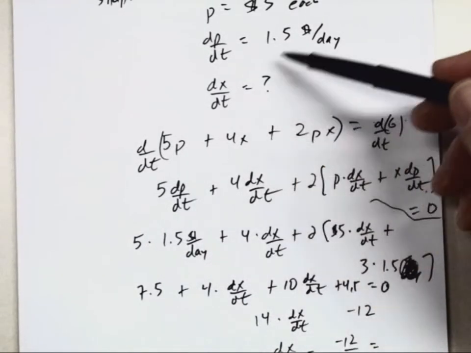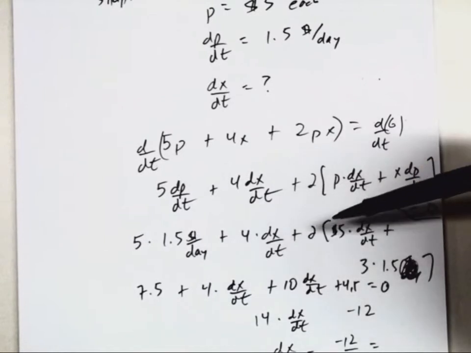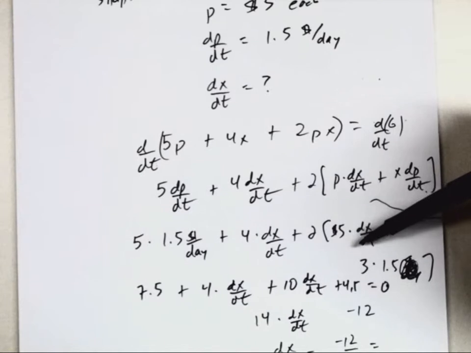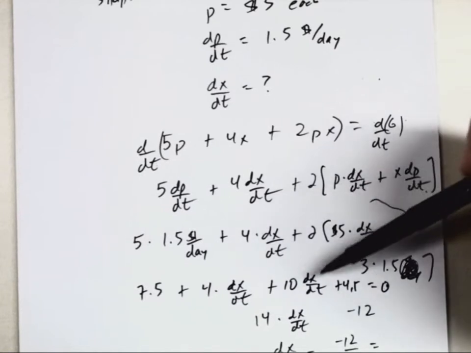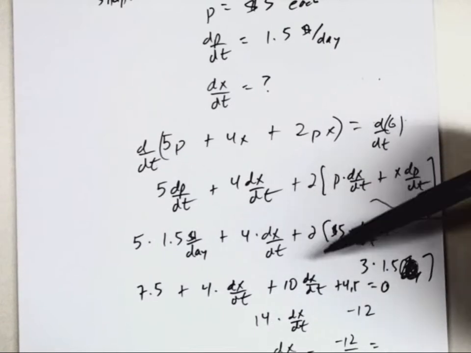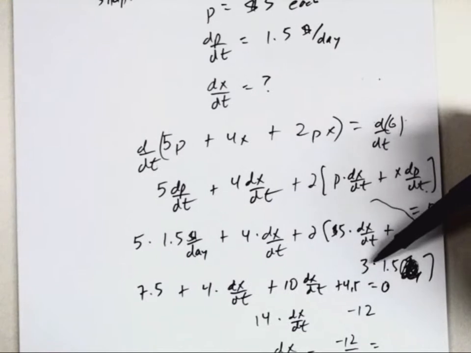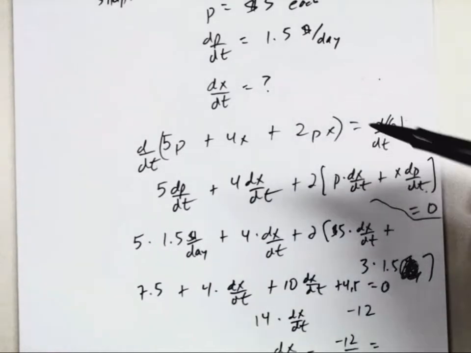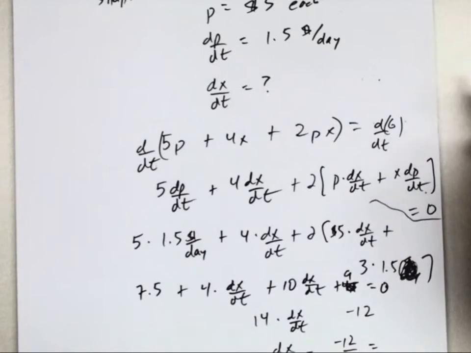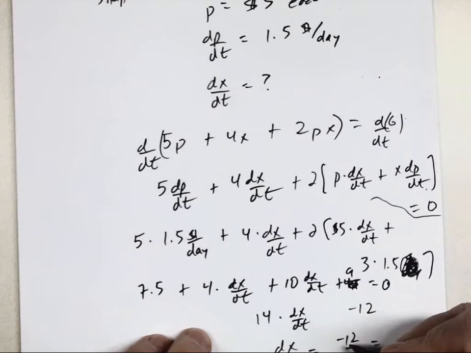So 5 times dp/dt, 1.5, 4 times dx/dt, we don't know that. 2 times 5, because p is 5, so that's 10, times dx/dt. I bet here's my mistake. 3 times 1.5, which is 4.5 times 2. See how it is? So this is actually 16.5.